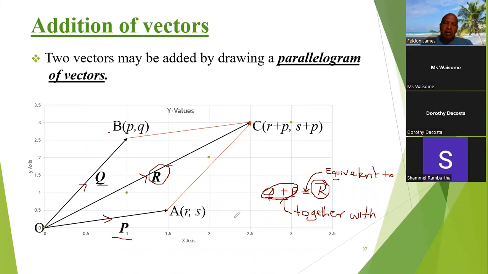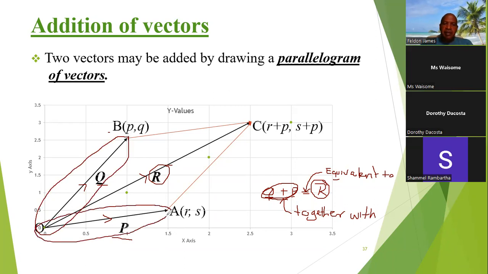Now, we are saying that this line represents a vector, and this line represents another vector. If you are using these lines together, let's say you're pulling a box with some rocks.